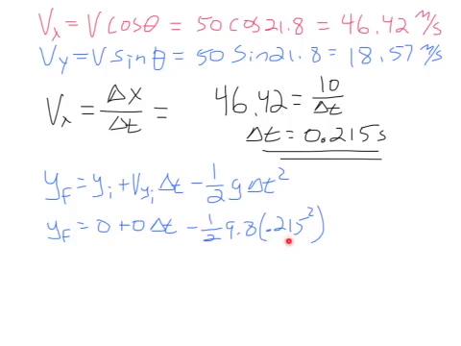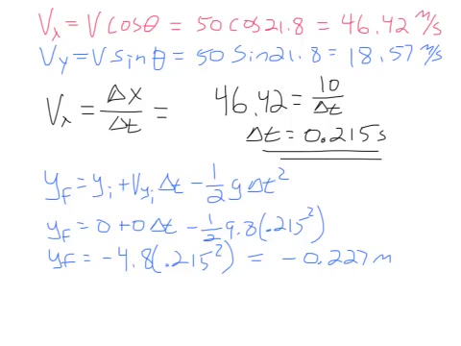I'm looking to see where this banana is going to be at the same time that the dart goes its horizontal distance, because in that same amount of time, the dart is going to go up and down. And what we find here is that our banana falls 0.227 meters in that same amount of time.